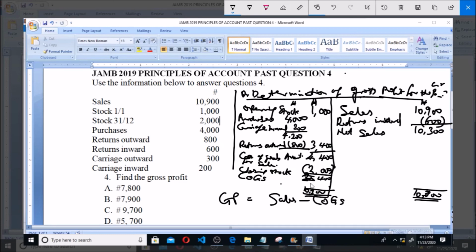So when you less this from this, you have 7,900. So this becomes our gross profit. Our gross profit is 7,900, option B.